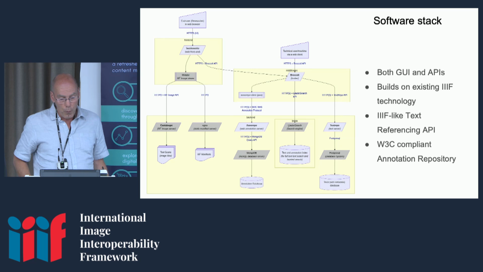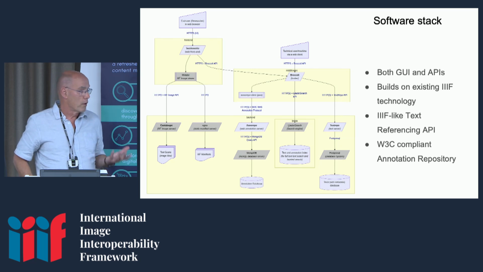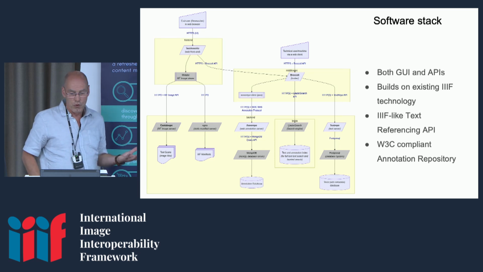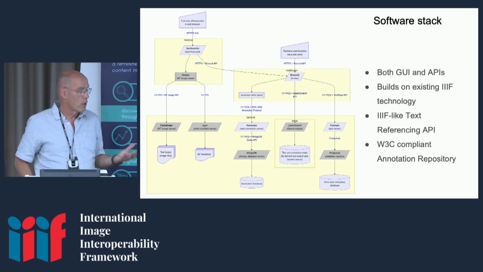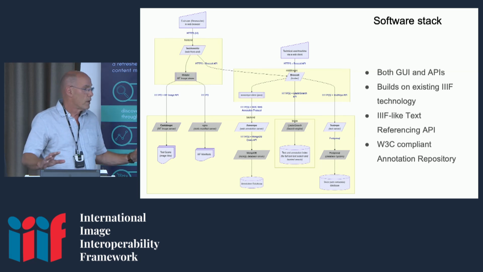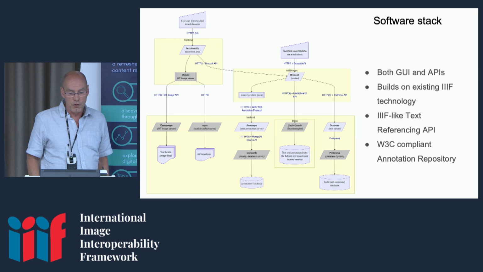And to store and manage annotations, we built our own annotation service, which I will be talking about later a bit more. And on top is GUI access, and there's also API access.